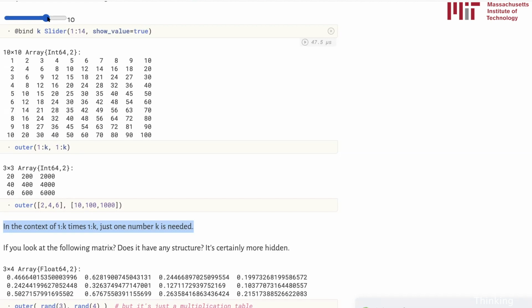You didn't store all those numbers and look for it. You just know that the 5, 7 entry is 35. You can compute what you need when you need it. That's the point. You just need to know the number k, and then when you pick out an element, you just need to know the indices, okay?